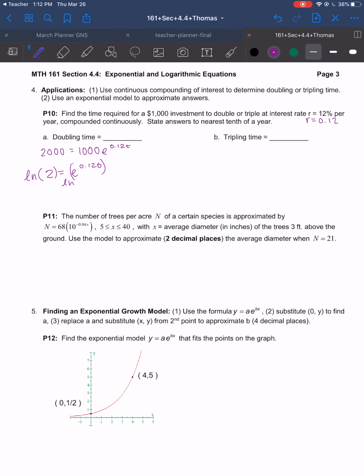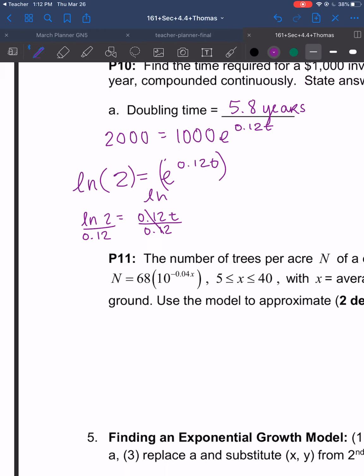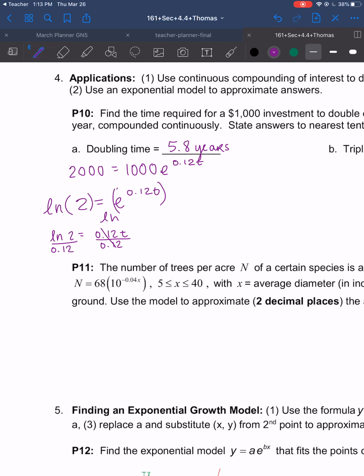So I'm going to have, let's zoom in, natural log of 2 equals 0.12t. Then I'm going to solve, so I'm going to divide by 0.12. So t is equal to, when you plug that in your calculator, you get 5.8 years when you round. So if you double it, it would take 5.8 years, almost 6 years.